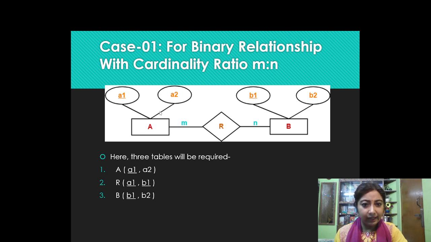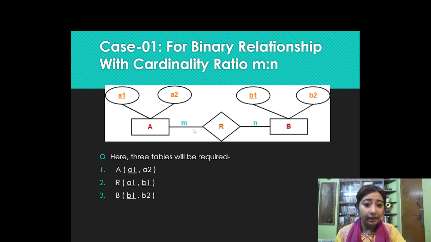Along with that, A has another attribute A2 and B has another attribute B2, and the relationship name is R. Now, with this m is to n relationship, A will have a table consisting of A1 and A2, where A1 is the primary key. B has another table with B1 and B2, where B1 is the primary key.